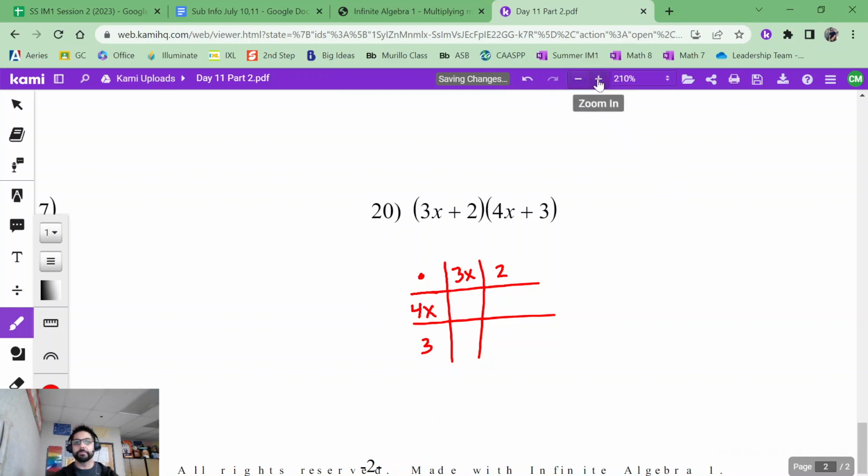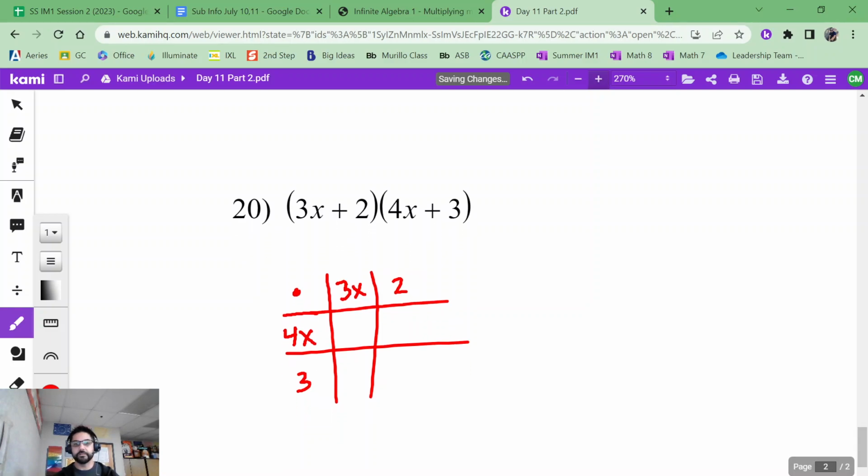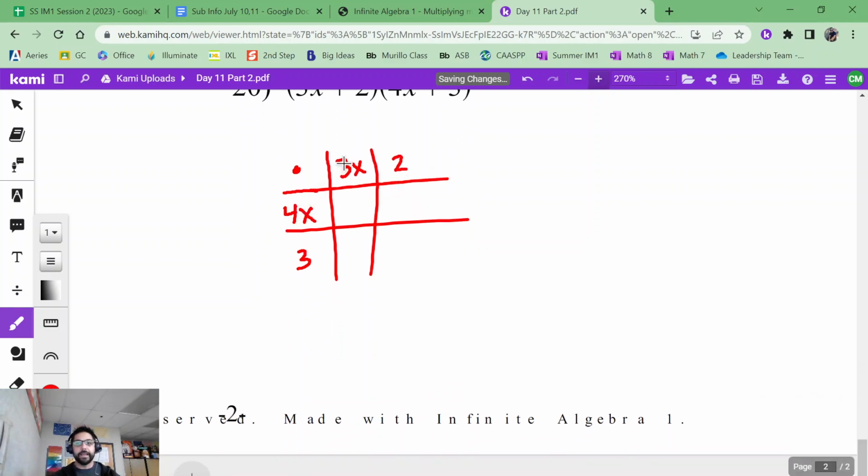All right, we're going to multiply and be careful with our variables. 4 times 3 is 12. X times x is x squared. 4 times 2 is 8. X tags along. 3 times 3 is 9.